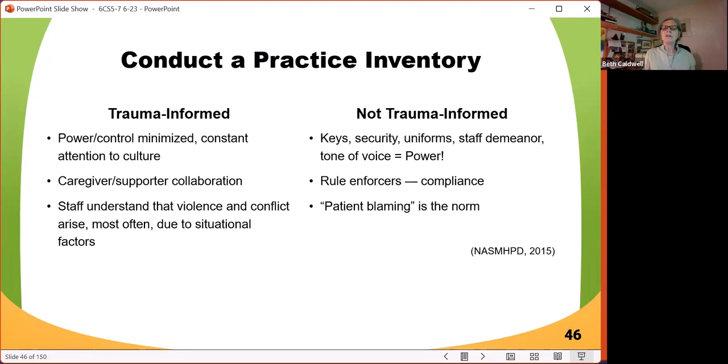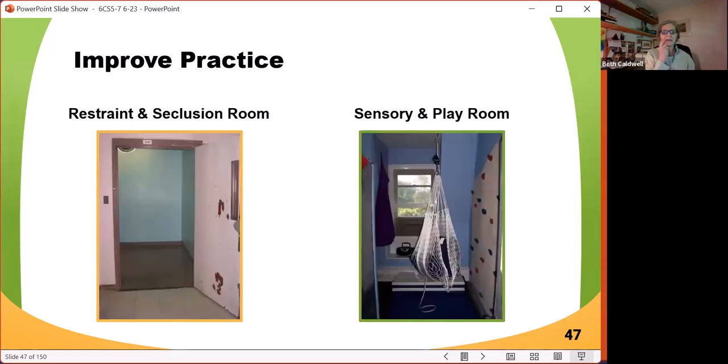In a program in Rochester, New York, they used PBIS, and if you earned enough PBIS bucks, you got to have one-on-one time with the staff. So who wasn't earning it? Those who didn't have the ability to do it. So think about your practice inventory and what you're doing and what you can do to increase your focus on trauma-informed care. Next slide, please.